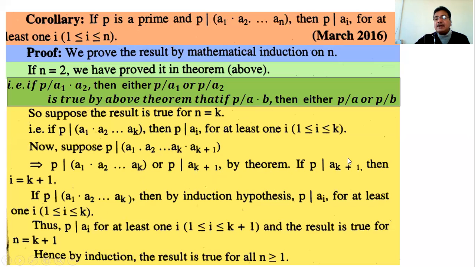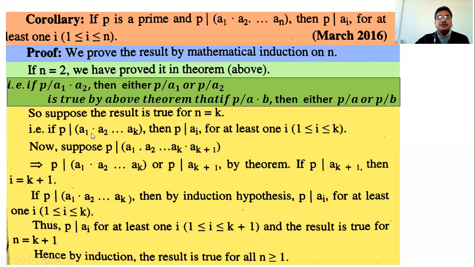And if P divides Ak plus 1, then what happens? Then i is equal to k plus 1; we have found the value of i. And suppose P does not divide Ak plus 1, so P divides A1 times A2 times up to Ak.